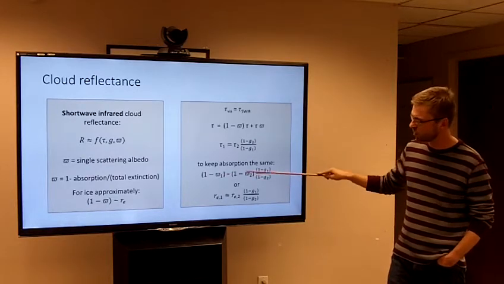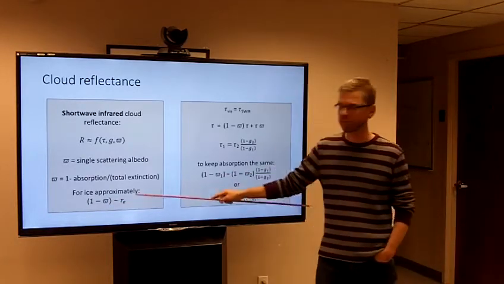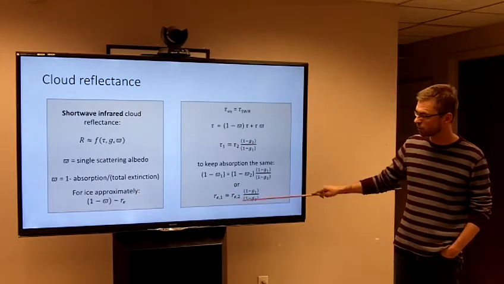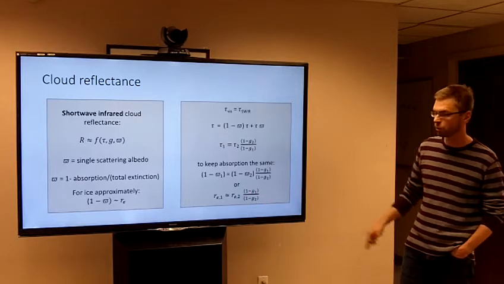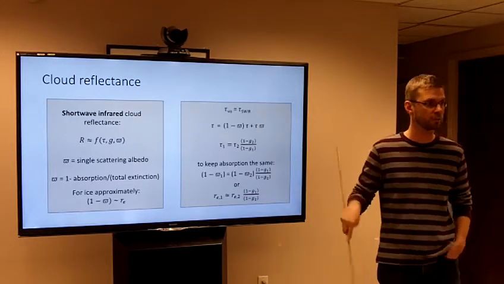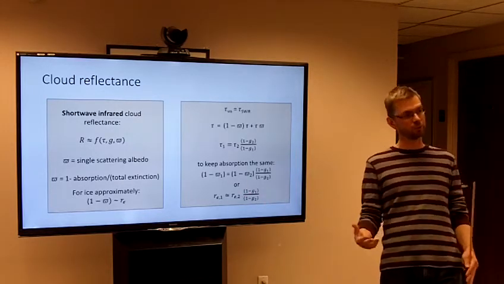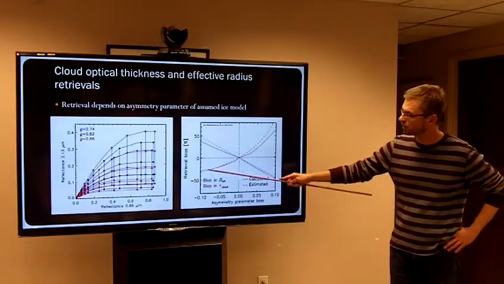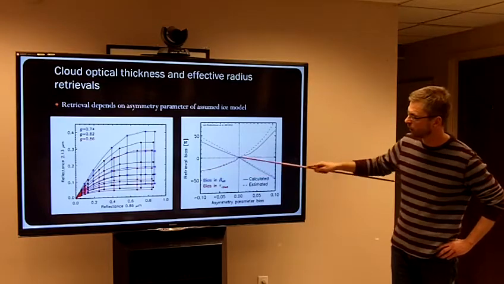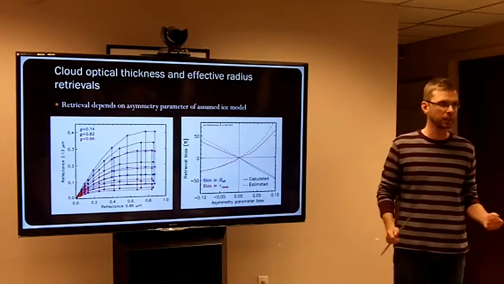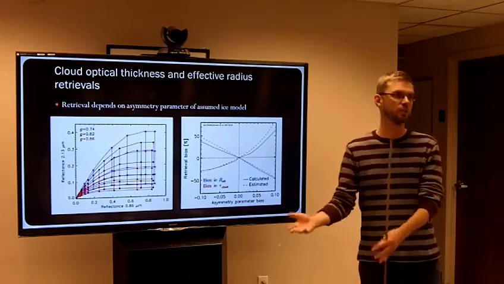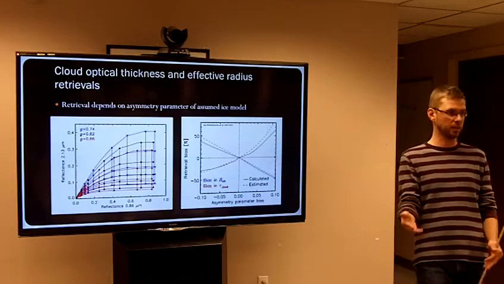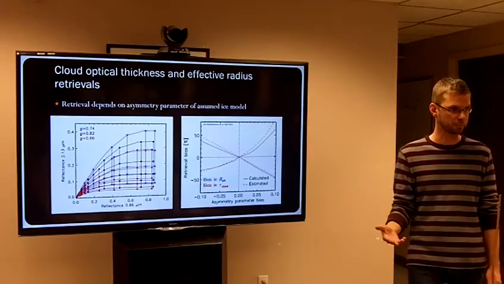And as I showed before, 1 minus omega is related to the effective radius. So that is why we scale the effective radius with the inverse of the scaling that we apply to the optical thickness. And that is shown here. So these solid curves are calculated biases if we change the asymmetry parameter, and these dashed lines are just the scaling factors that are applied.